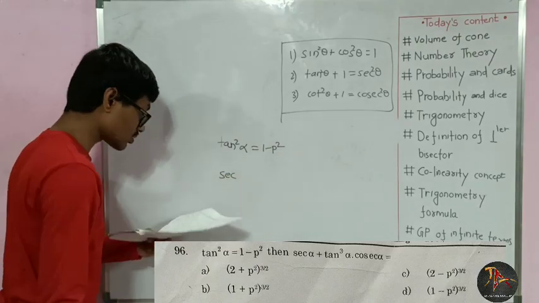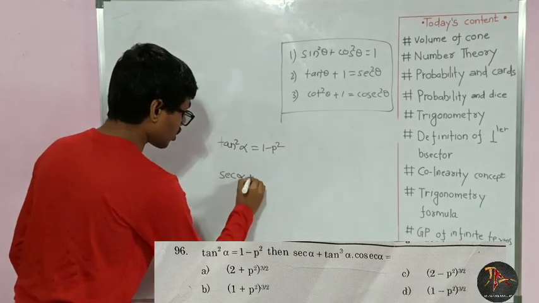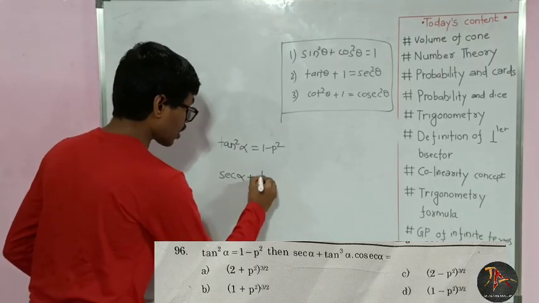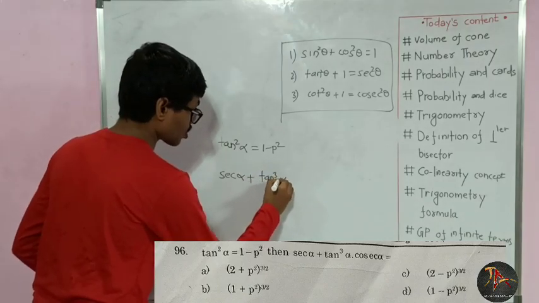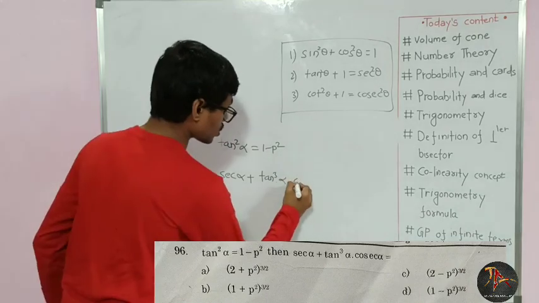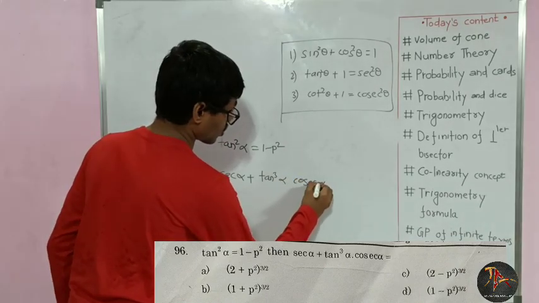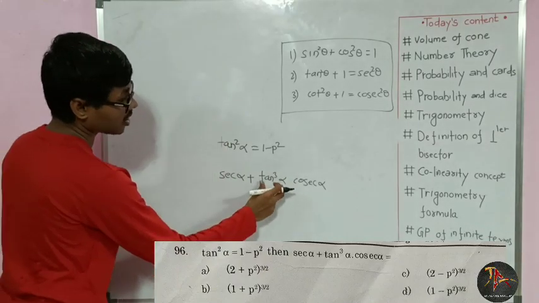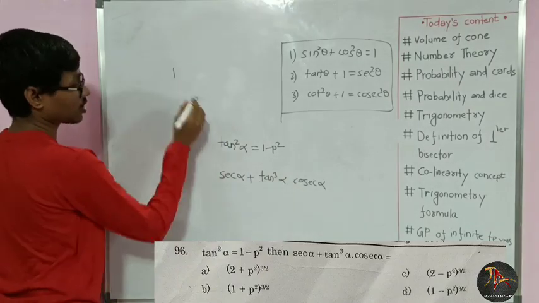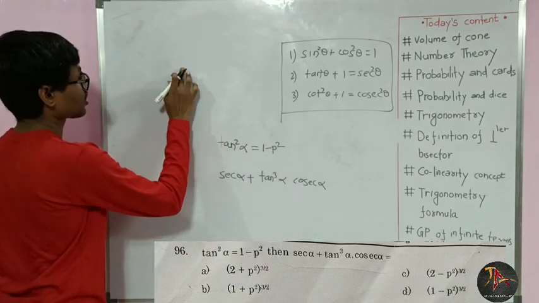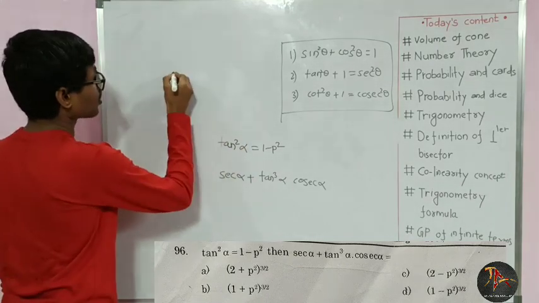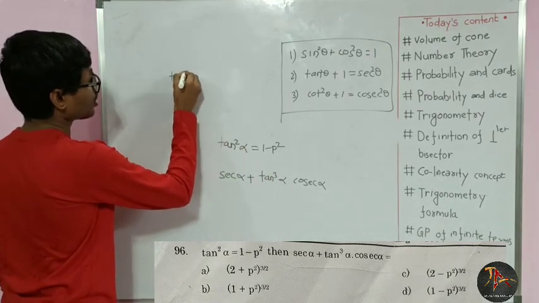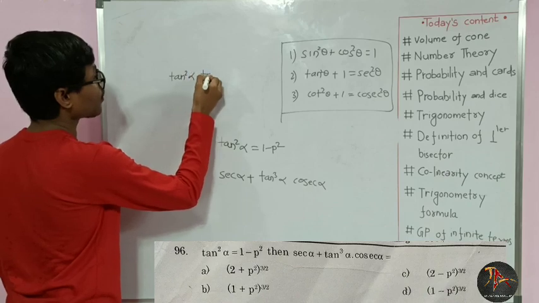Now they have asked what is the value of secant alpha plus tan cube alpha into cosecant alpha.